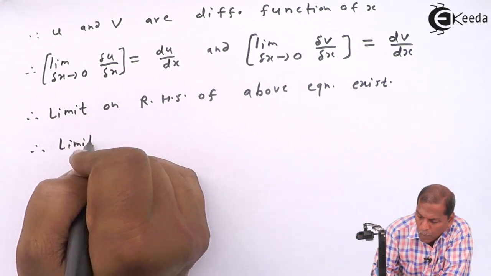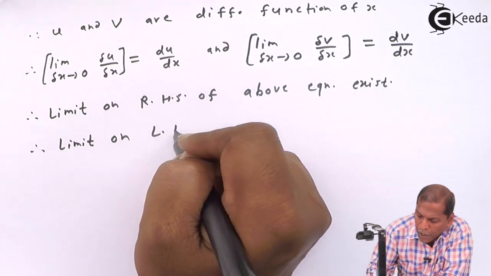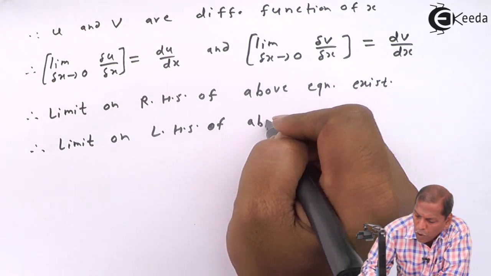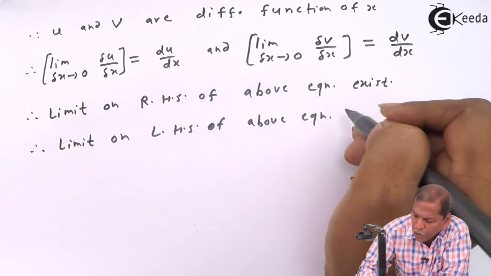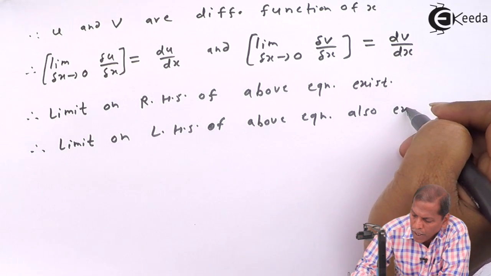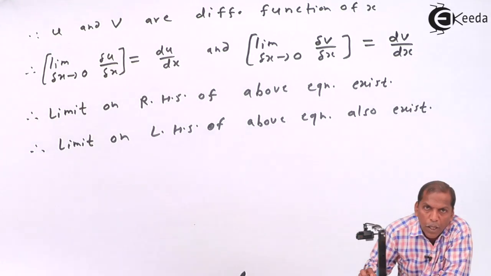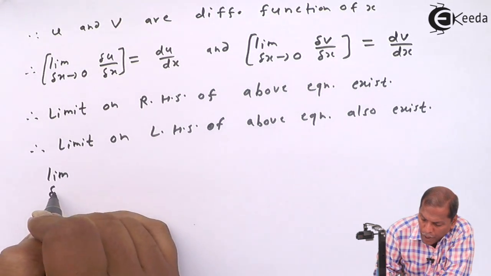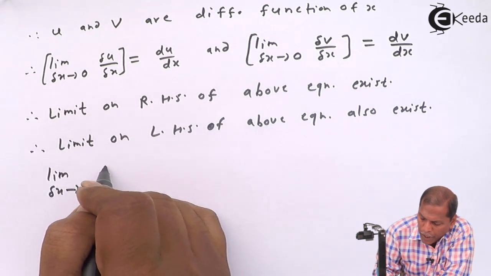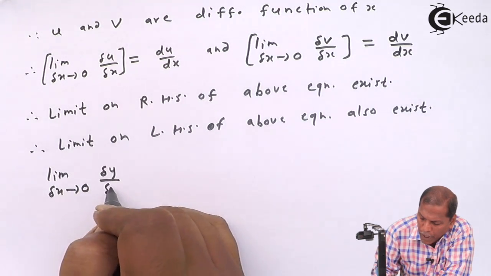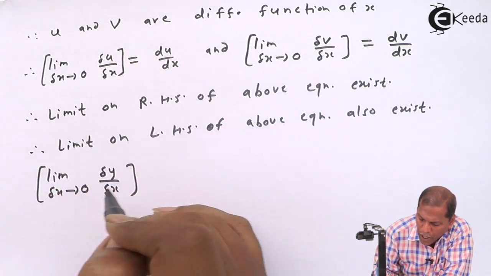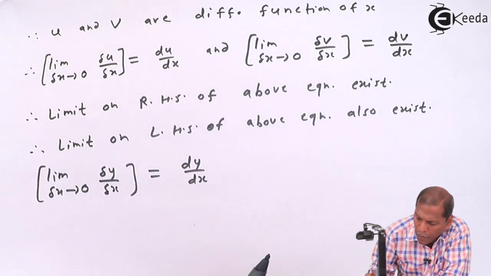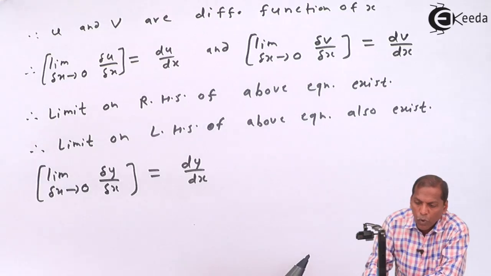Therefore, limit on left hand side of above equation also exists and is given by limit delta x tends to 0, delta y upon delta x is equal to dy upon dx.